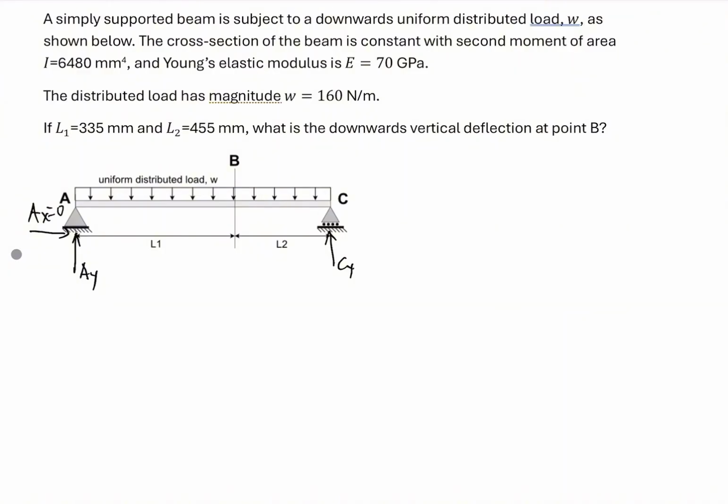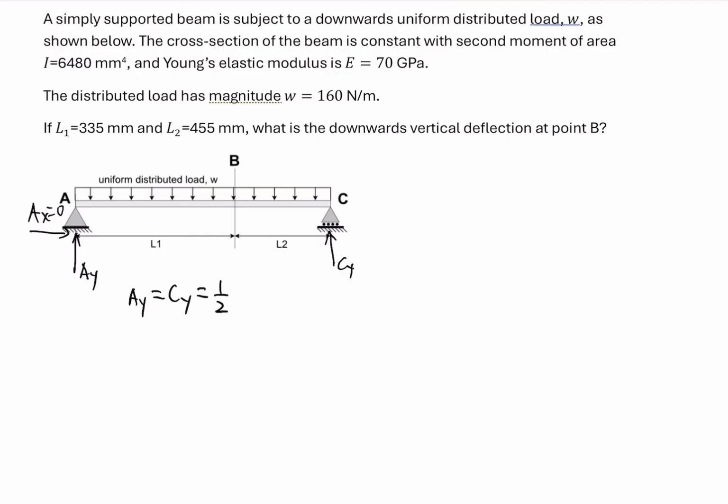Then look at this structure. We have AY and CY, and we can see AC is a symmetric structure, and the uniform distributed load and the two reaction forces make this loading scenario symmetric too. By using symmetry principles, we can easily derive that AY is equal to CY, and each is half of the external vertical load.